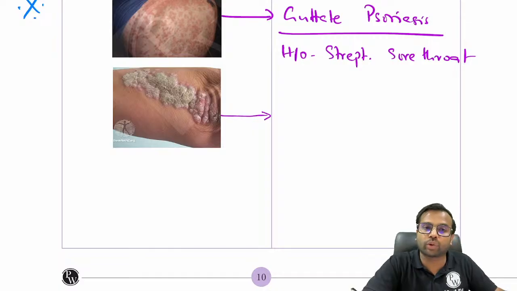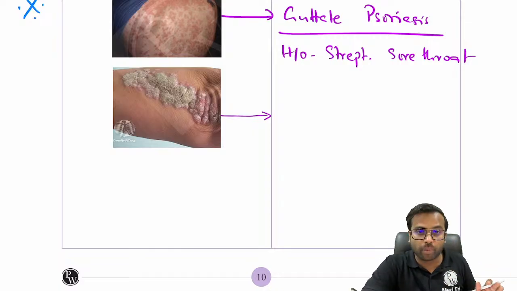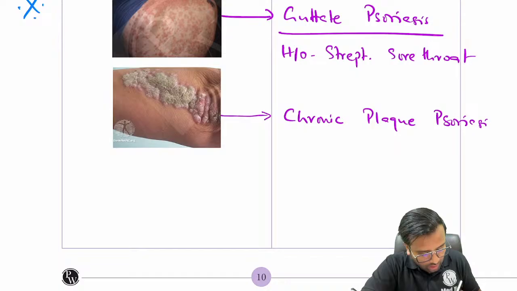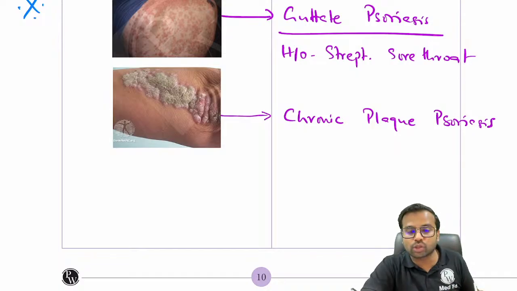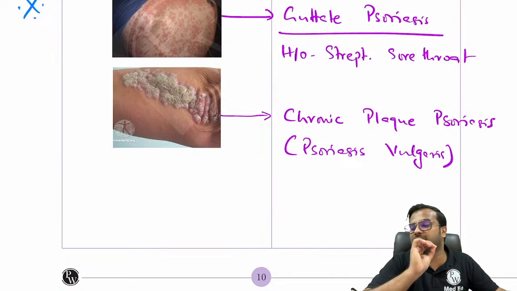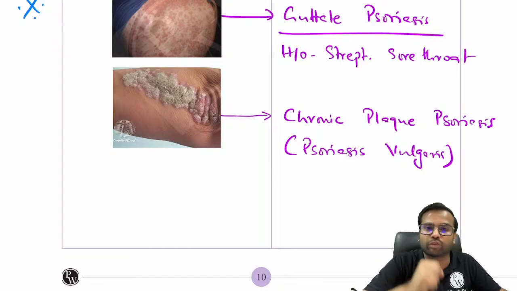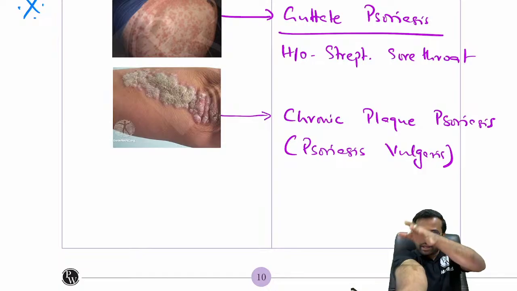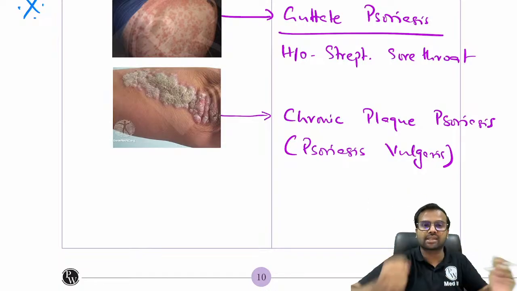Now what about the second type of psoriasis that you can see here? This second type of psoriasis is the most common type. This is called chronic plaque psoriasis, also called psoriasis vulgaris. What is the most common presentation in a chronic stable type of psoriasis? Where do you find the lesions? Do you find them in the flexures or in the extensors?